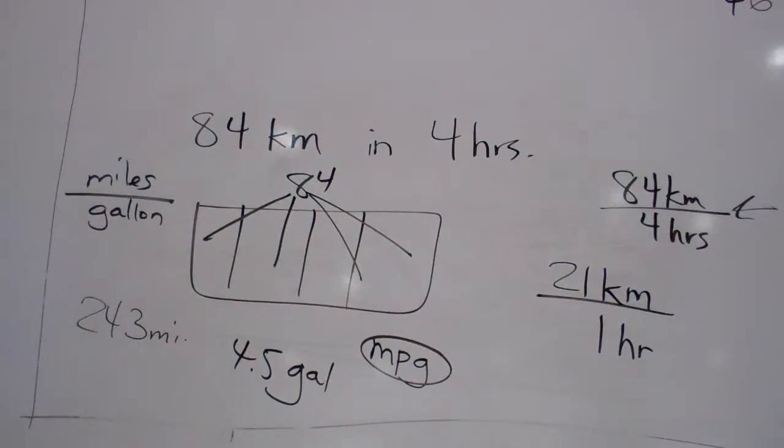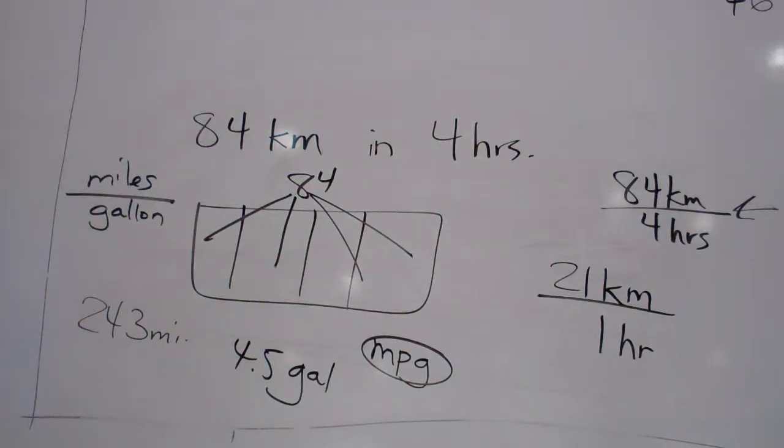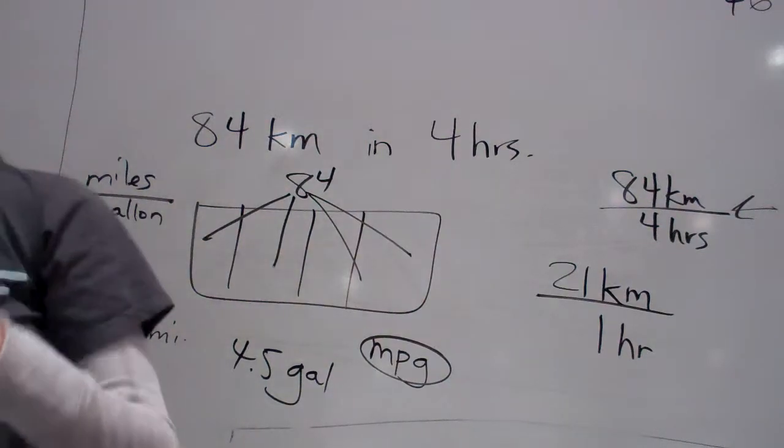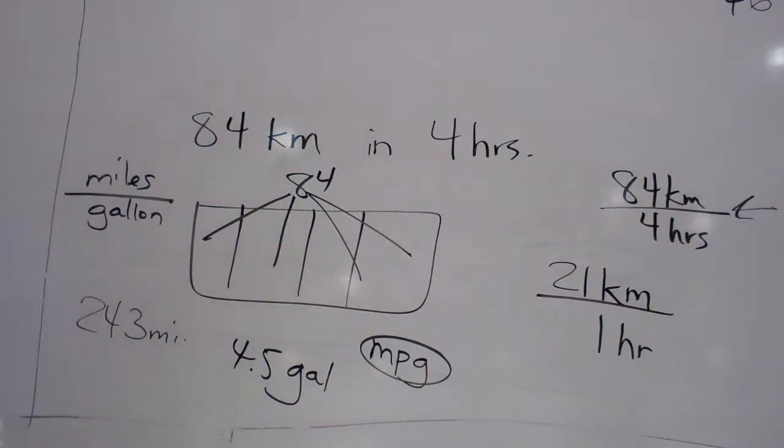Then I wrecked it, and I ended up getting a Toyota RAV4, and it gets 25-ish, probably. Trucks don't get very good mileage. Trucks are the lowest because they are usually heavier and they have to carry more.